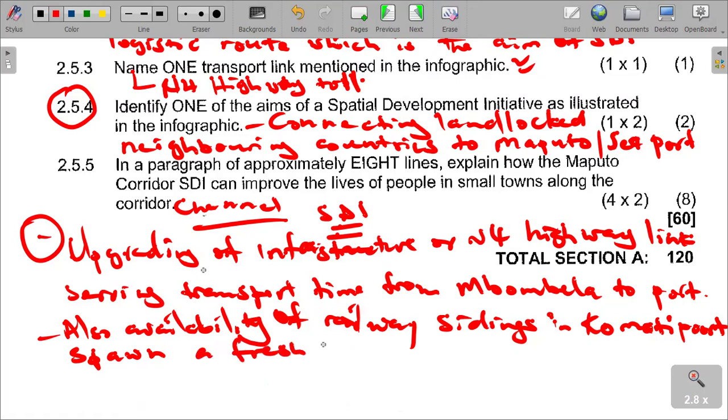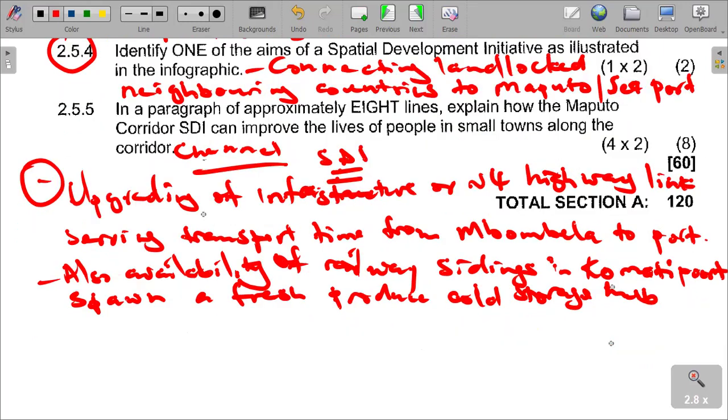A fresh produce storage hub. That is one thing that we should understand there, which also brings creation of jobs, which also takes place there.